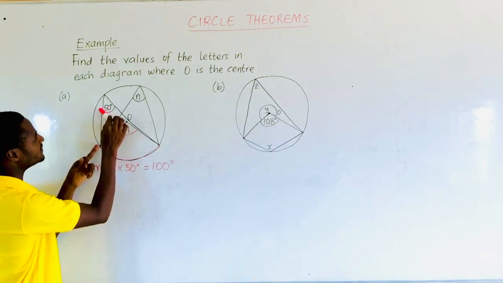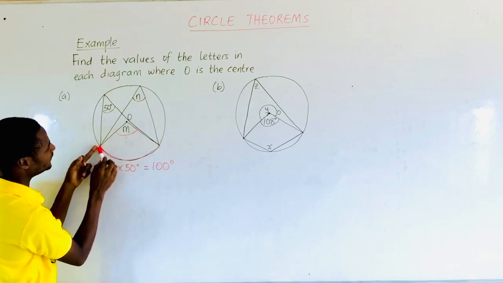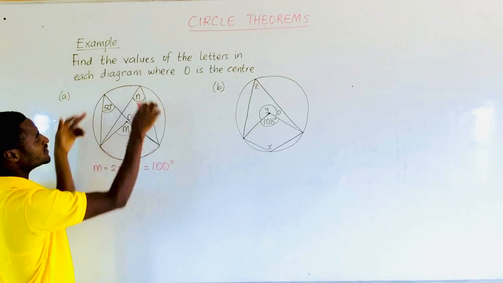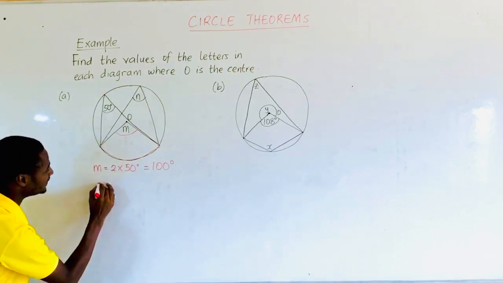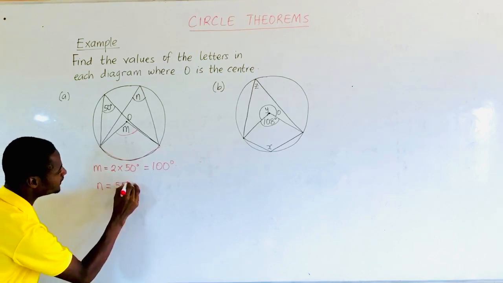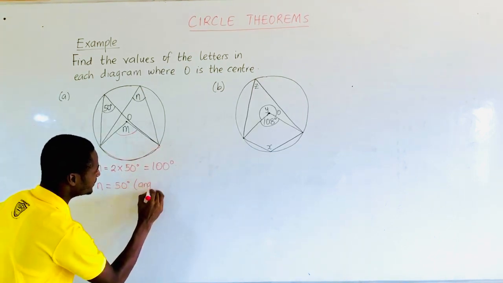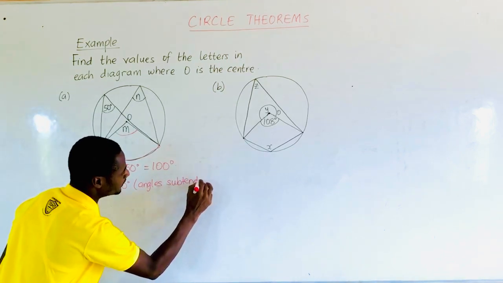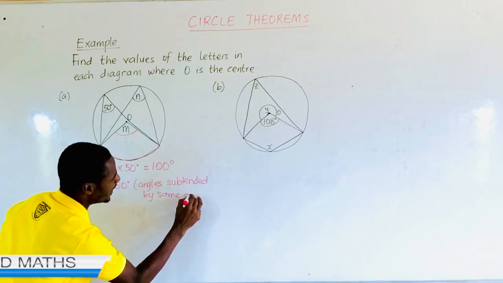And so since the angle 50 degrees and the angle N are coming from the same arc and subtended in the same segment and on the circumference, we would say that N is equal to 50 degrees. Then we can say this is angles subtended by the same arc.